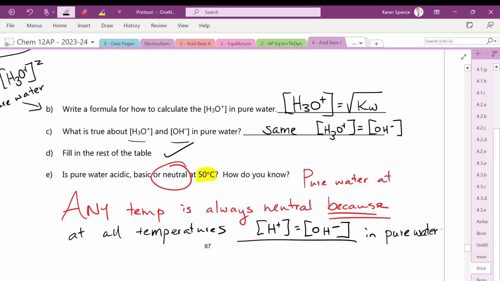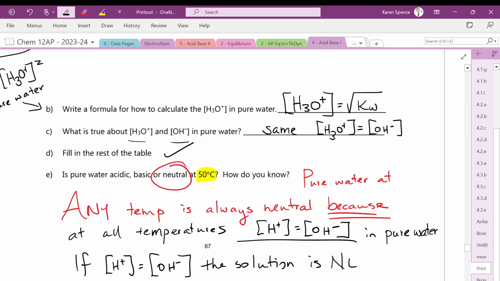And what do we know is true if H plus is equal to OH minus? The solution is neutral. Therefore, at different temperatures, neutral pH is not 7. Yes?